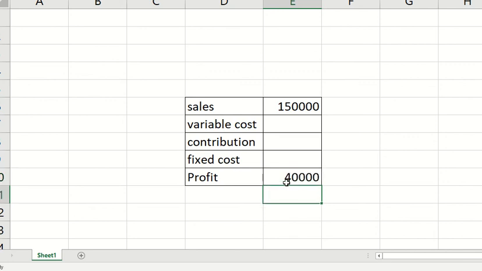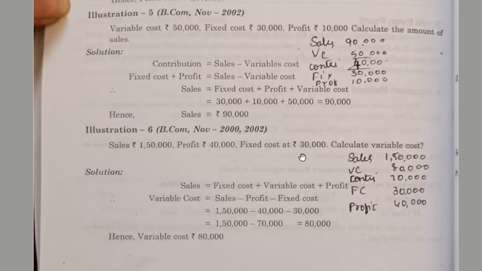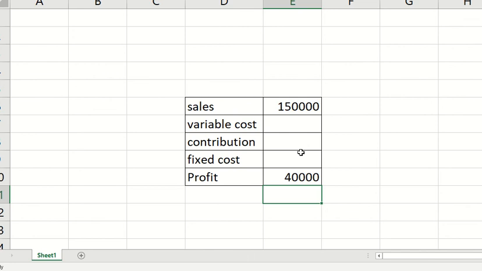Just with that, the unknown figure you can find out. Fixed cost is 30,000. So your contribution is fixed cost plus profit, which is 30,000 plus 40,000, which is 70,000.